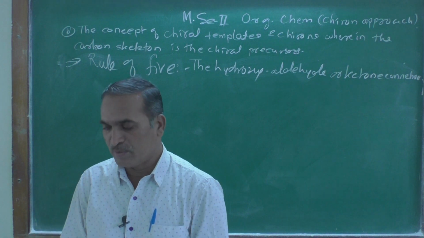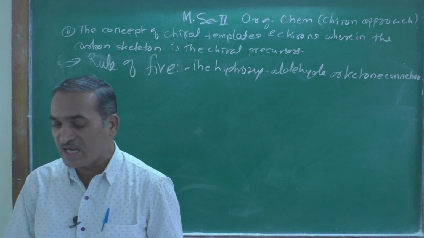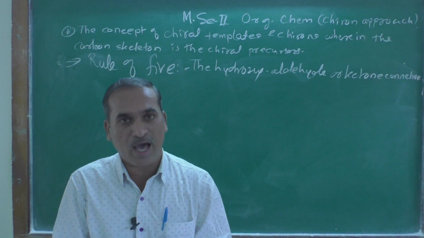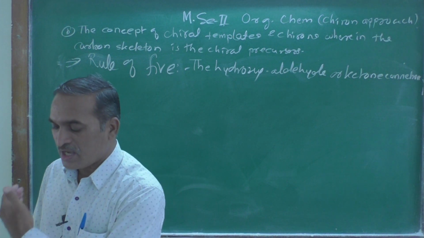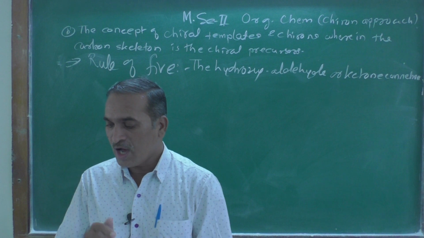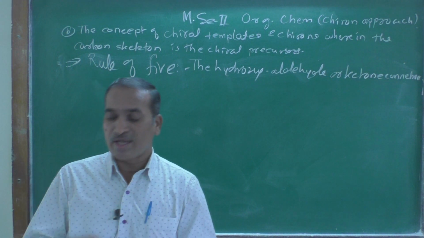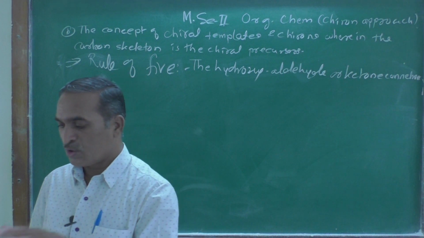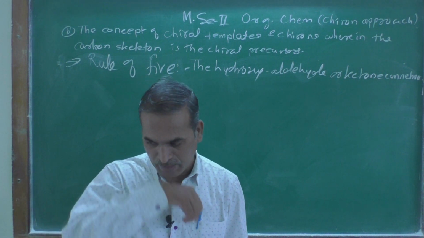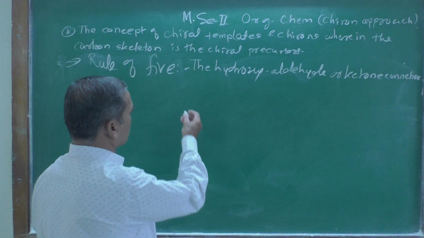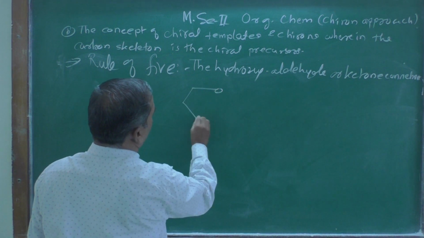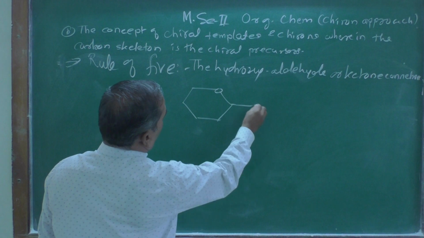And what does the rule of 5 mean? The ring oxygen and the anomeric carbon in a hexapyranose derivative are 5 atoms or bonds away. This is called the rule of 5. For example, suppose there is a ring form like this, and there is an OH.